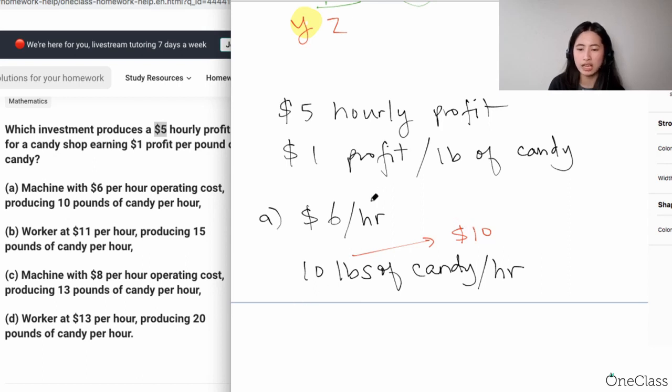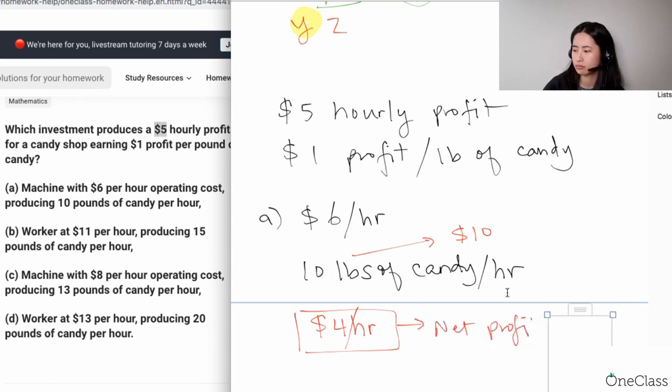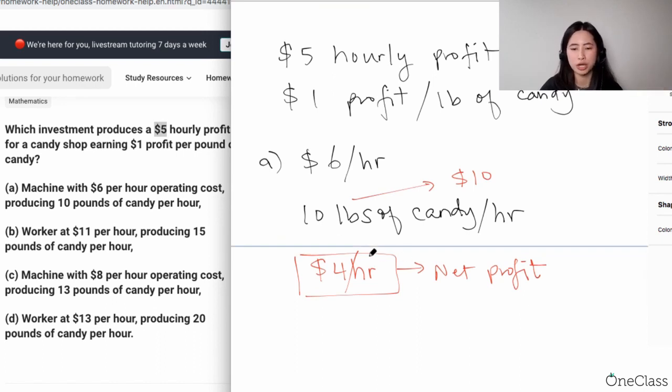So when you take $6 and subtract that from 10, you get $4 per hour. So this is your net profit. You need to remember that you're subtracting $6 from $10.